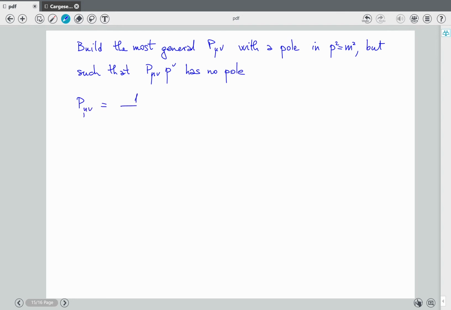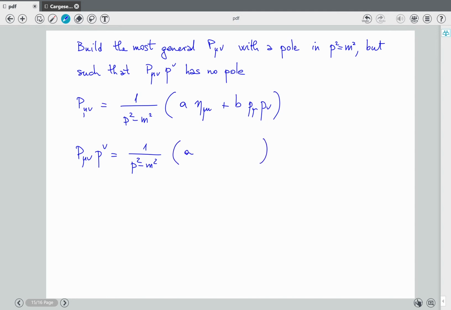What is it? By Lorentz invariance, you have a pole, but then what you can put there are only two terms: a constant A times eta mu nu, plus a constant B times P mu P nu. There's nothing else you can do. Now we demand that this contraction has no pole. And what does that give? A P mu plus B P squared.